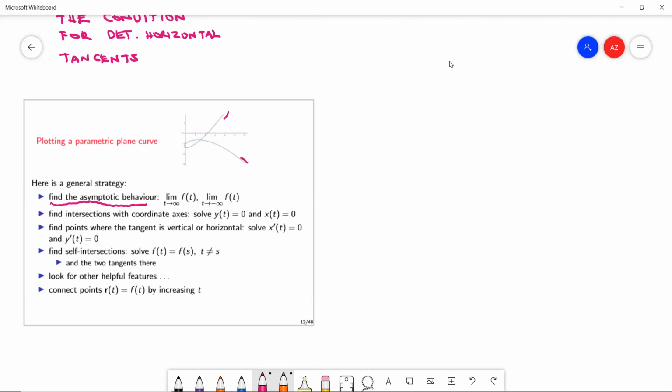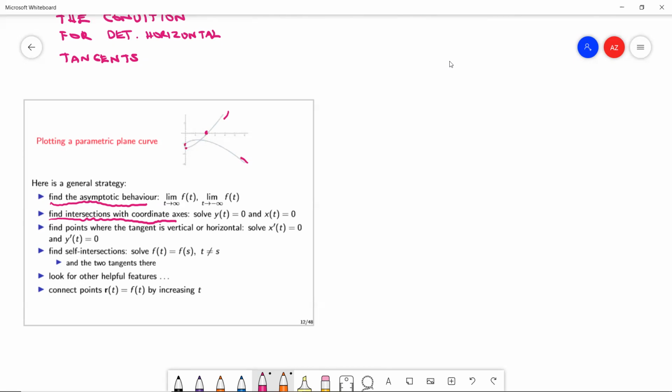Then one piece of information which can be very useful is the intersections with coordinate axes. The intersections with coordinate axes are where y of t is 0 and x of t is 0. So we have to determine parameters when one of the coordinate functions is 0.